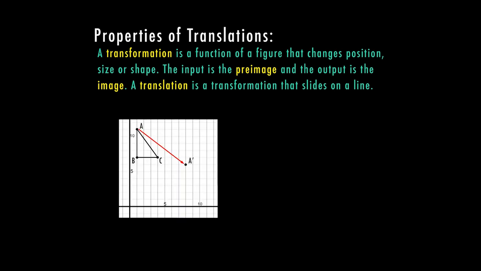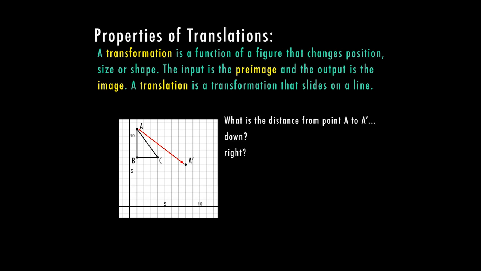So we have a graph here, and we have the triangle ABC labeled here. And we want to move this triangle by sliding it, which is going to be our translation, to a new position on the graph. And the red arrow is pointing to where the new image for the A goes. So I have to move the B and the C the same distance and the same direction.